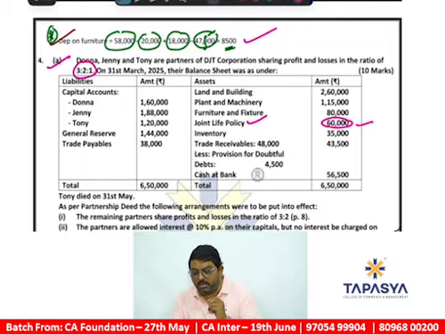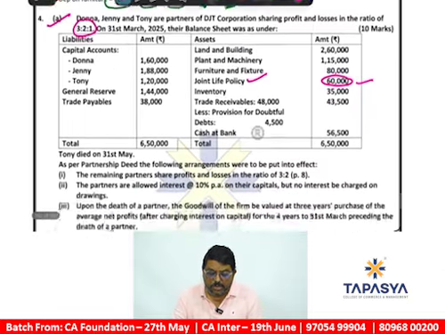That 60,000 represents surrender value. Moreover, whenever JLP appears on the asset side of the balance sheet, they are following the asset method. So JLP surrender value 60,000 rupees is shown like an asset in the balance sheet. Okay, inventory, trade receivable minus provision for doubtful debts, cash at bank. Capitals of Donna, Jenny, Tony, general reserve, trade payable.